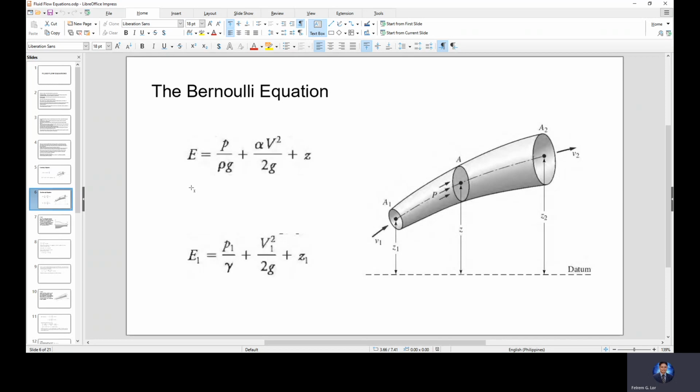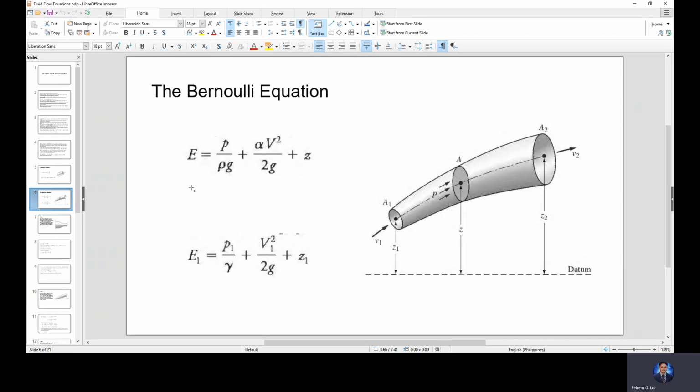So we have discussed that one already before, the different types of energy occurring in a flow. We have the kinetic energy, the energy due to the velocity, and the potential energy that is due to the pressure and its position, especially its vertical position.